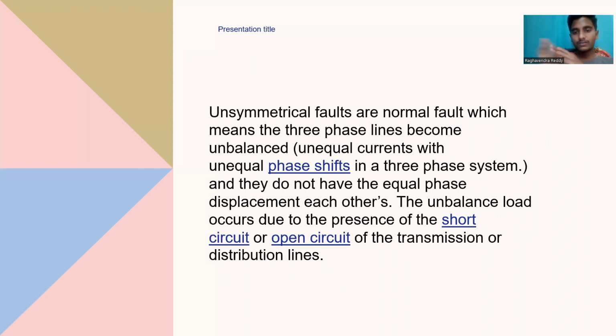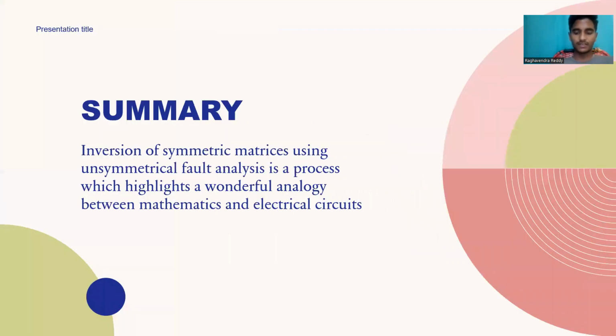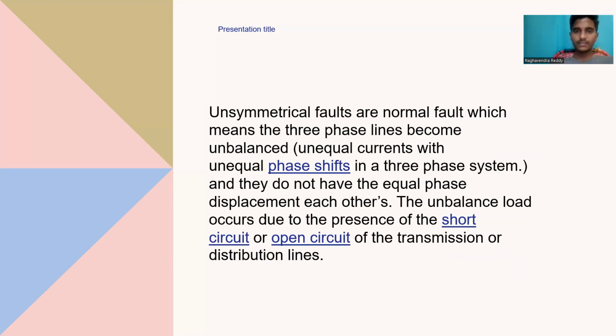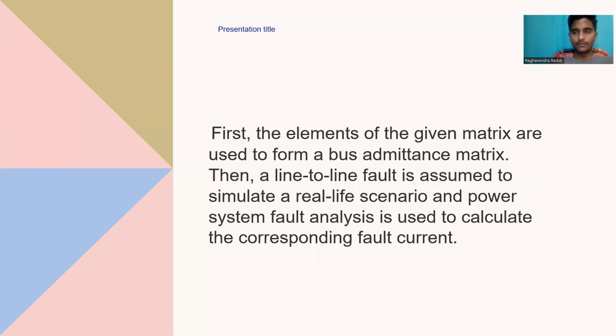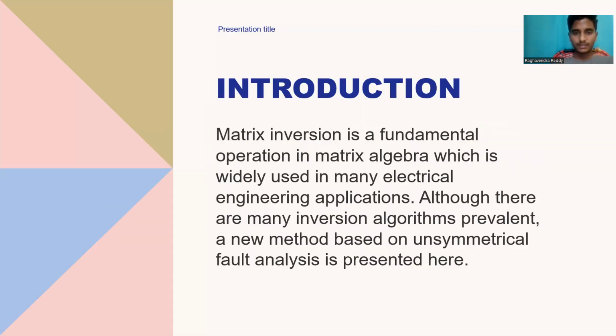The unbalanced load occurs due to the presence of a short circuit or open circuit of the transmission line. Unsymmetrical means it is also an unbalanced load, but its specificity is that the phases do not have equal displacement between each other. That's the reason why these unsymmetrical faults are made.